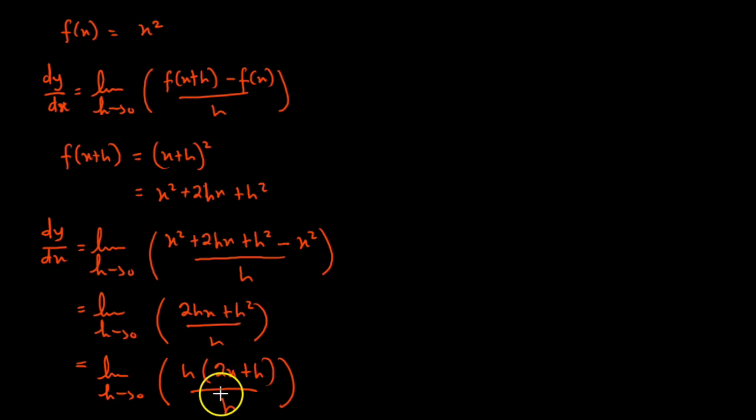That's why the h was factorized out. Now h will go into itself once in the numerator and once in the denominator. So we are going to be left with dy/dx equal to the limit as h approaches 0 of 2x + h.